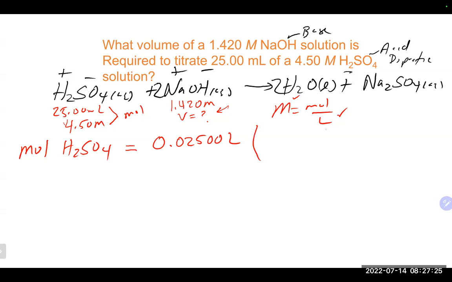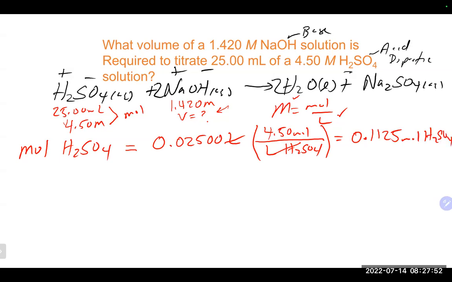We're going to multiply by the molarity of our H2SO4, which is 4.5 moles per liter of H2SO4. The liters cancel, and that gets us 0.025 times 4.5, which is 0.1125 moles of H2SO4.